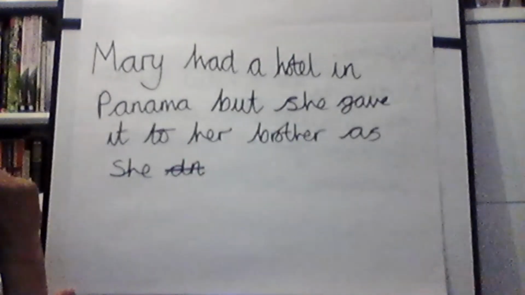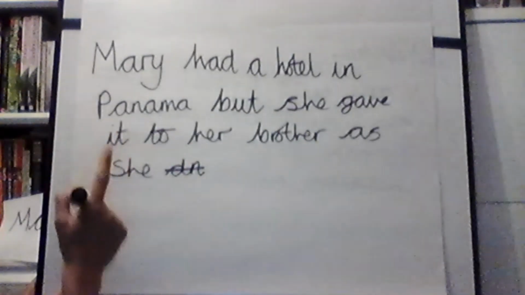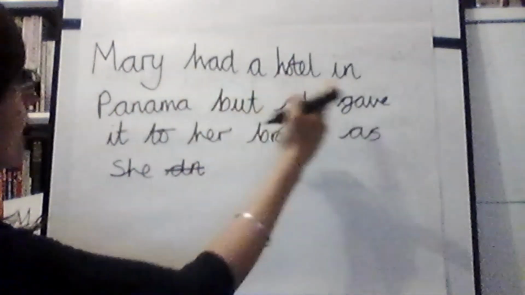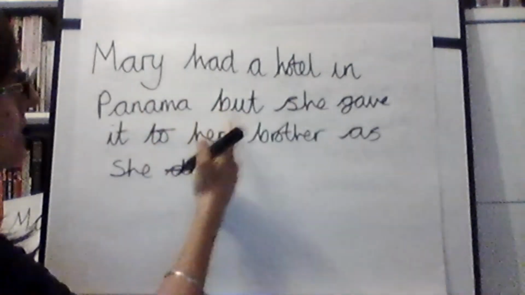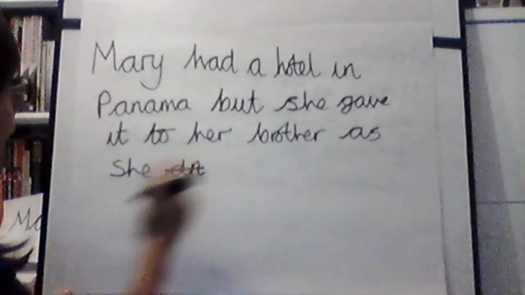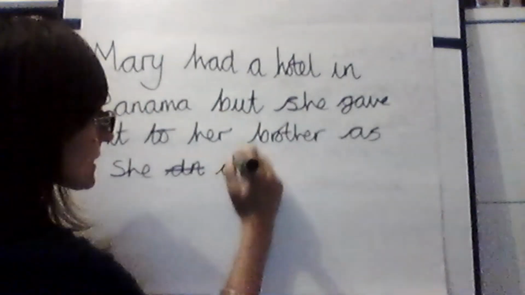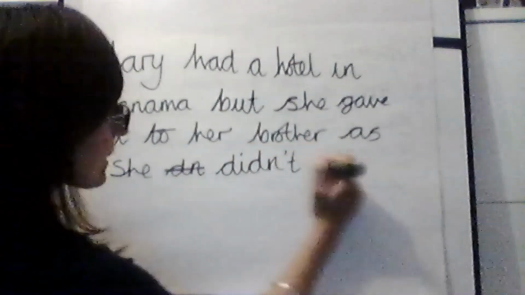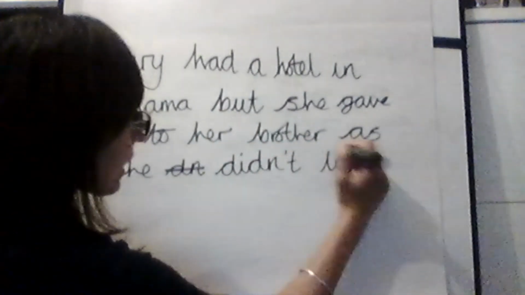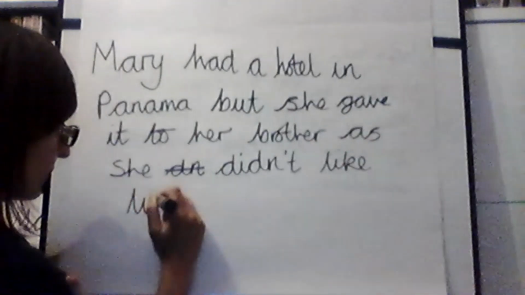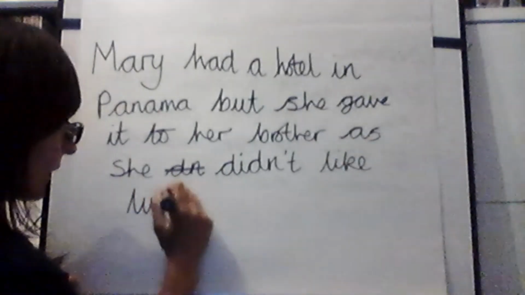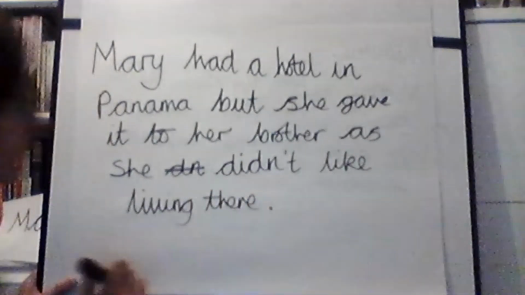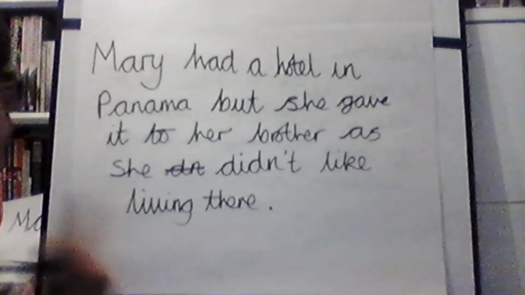Oh, my sentence. Let me go back and reread it. Mary had a hotel in Panama, but she gave it to her brother as she didn't. I need an apostrophe, didn't like living there, full stop. Let's reread it to make sure we haven't missed anything out.